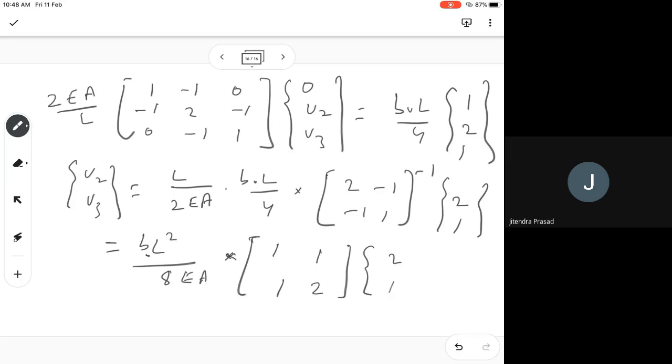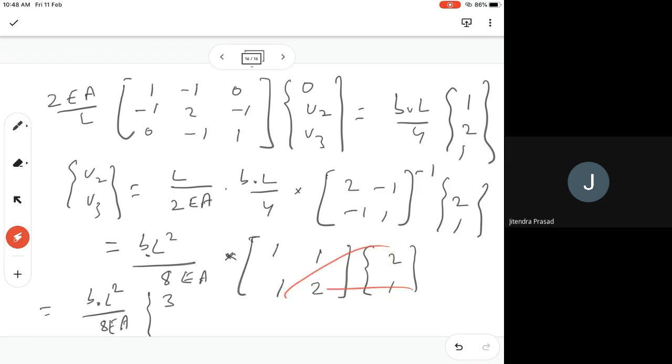Yeah, and is equal to B naught L square over 8EA, and then we have this multiplied with this, so we get 3 here. So 3, and here we have this multiplied by this, so 2 plus 2, 4. We get 4, right?